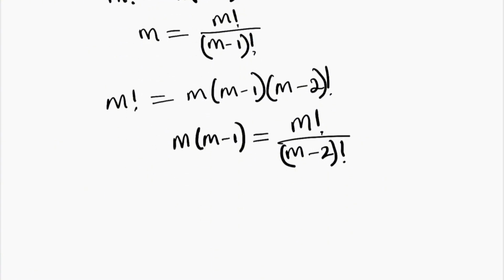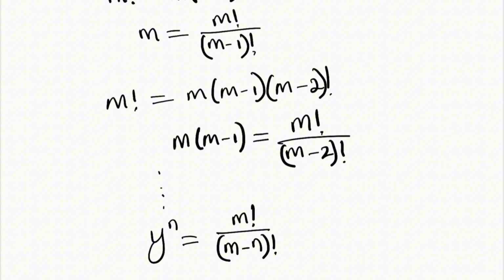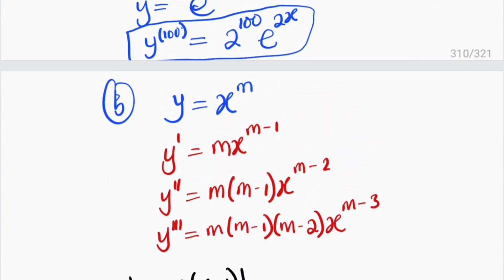Did you understand? So if you keep on differentiating that function up to the nth derivative, it's going to be m factorial divided by m minus n, sorry, factorial. So we are done with the coefficient.